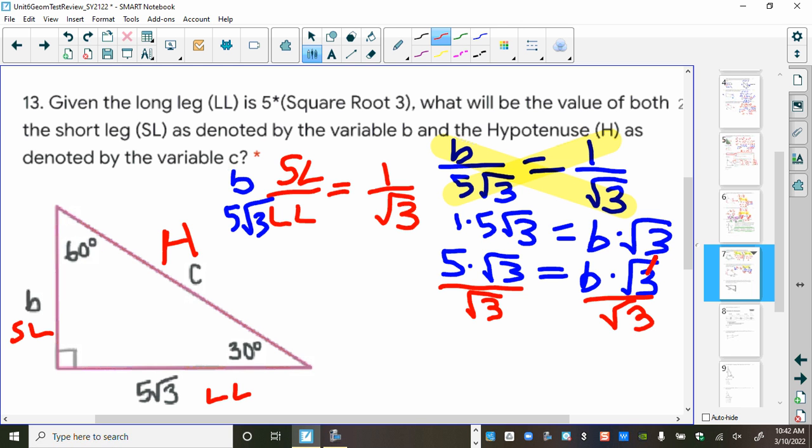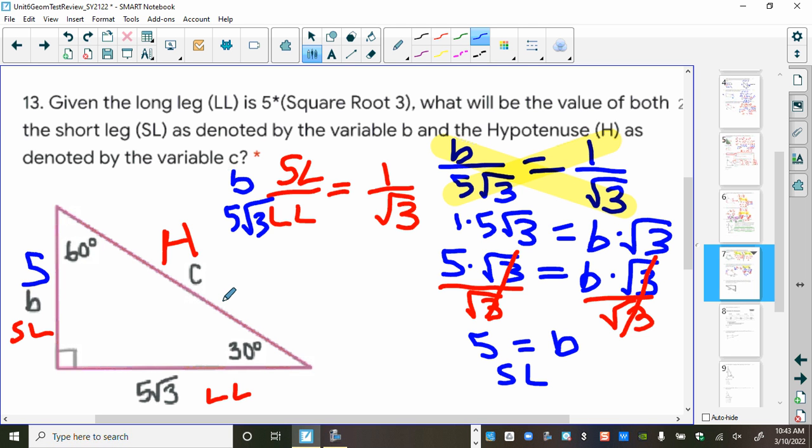B is going to equal 5 because the square roots of 3 go away, and you're left with B equals 5. Now, this is real nice. Here's our short leg right here. We have our short leg, which is 5.